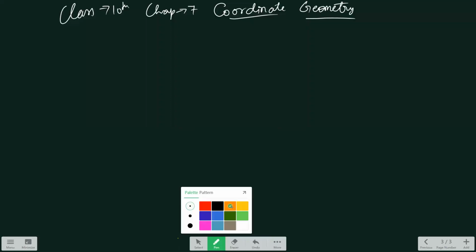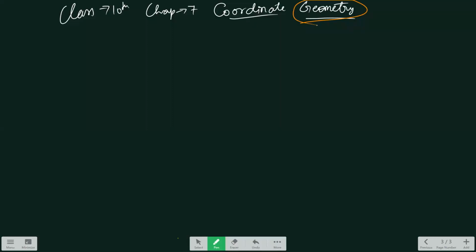That is coordinate geometry. Okay, so all of you are aware of the term geometry. And coordinate. Coordinate is location. Okay, coordinate is location. So if you have the location clear, like on a map, you can easily identify the latitude and longitude.